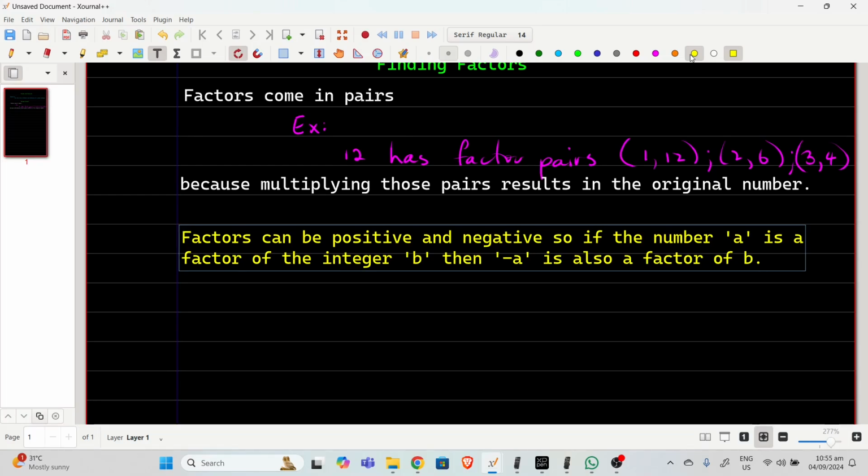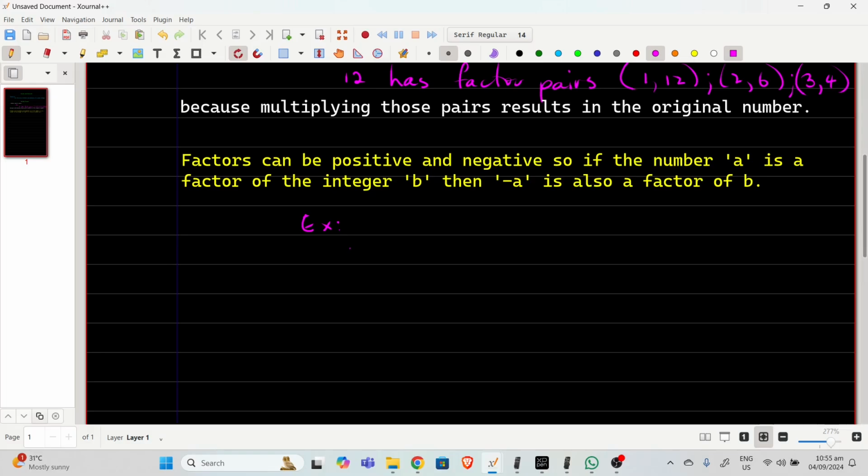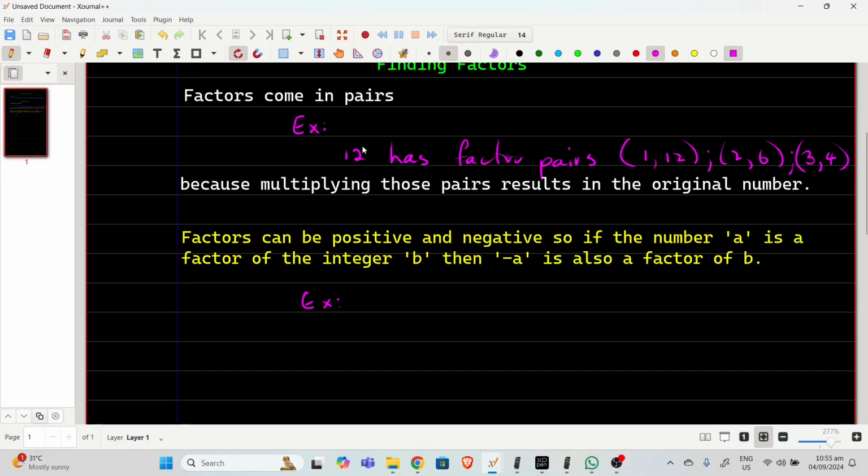All right, so let's show an example of that. Like this one here, we have 12, so we have 3 as a factor of 12.